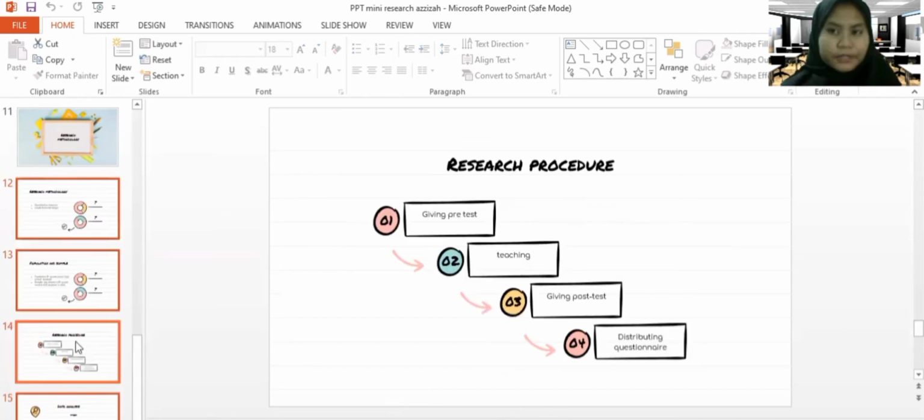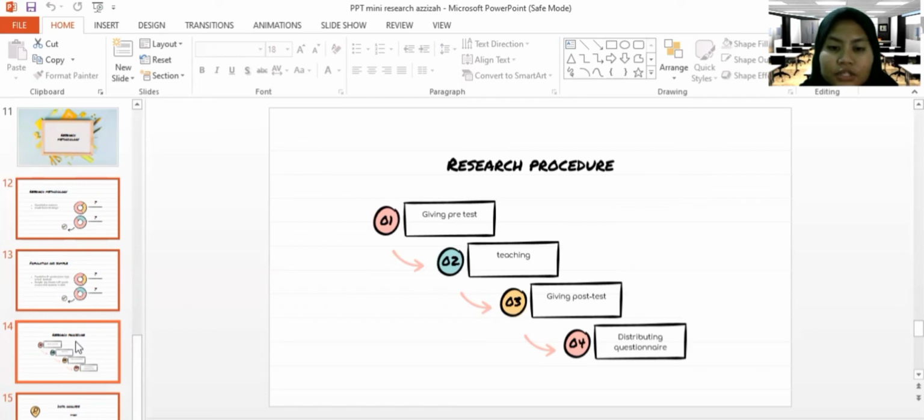The next is the research procedure. The study contains data collection tools: observation in online teaching, questionnaire, and pre and post tests. Firstly, in the first meeting, the researcher will distribute pre-tests to know the students' problems in writing.